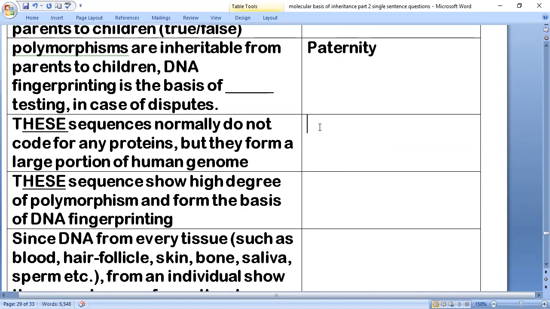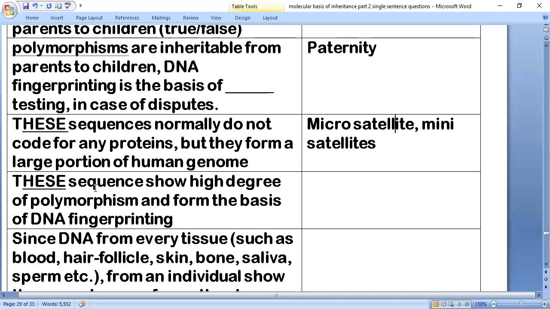These sequences normally do not code for any proteins, but they form a large portion of the human genome. That is microsatellites and minisatellites.